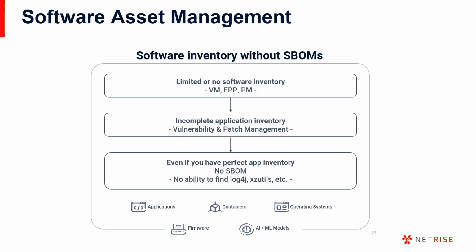So when I say a software inventory, the list of components that make up those applications or operating systems or containers or firmware images, whatever it might be. And so you're going to have this incomplete inventory at best, and so then you won't have a way to search across all these things in your environment and basically figure out, am I affected or not?